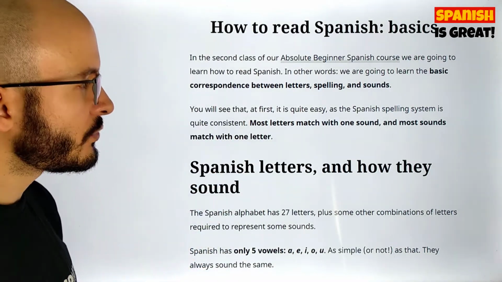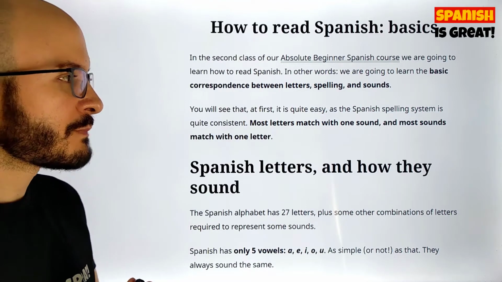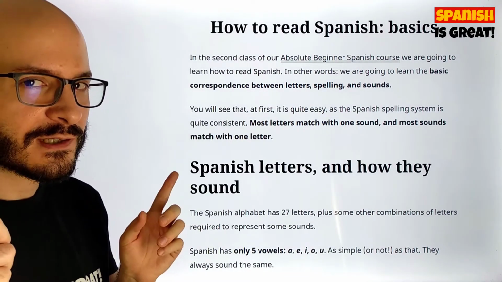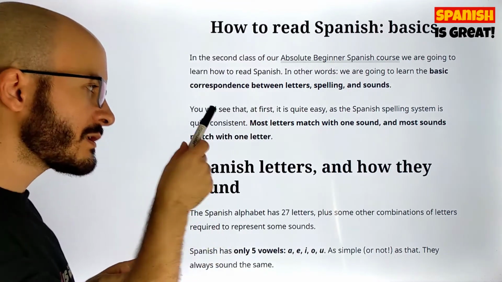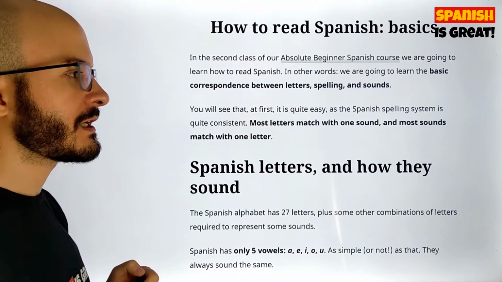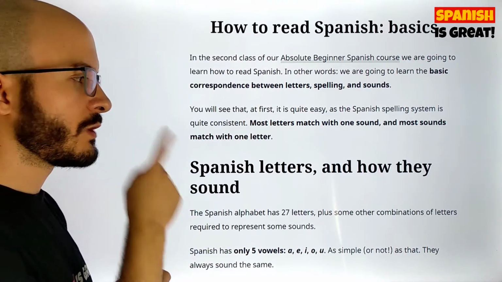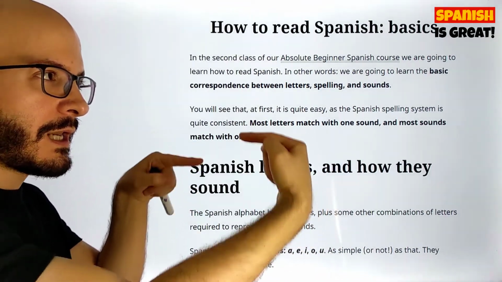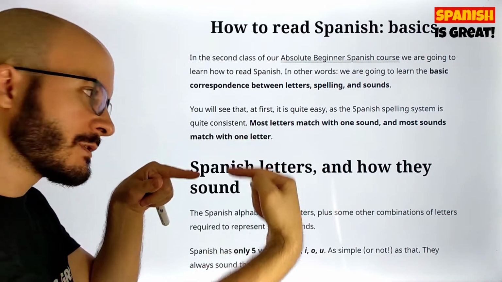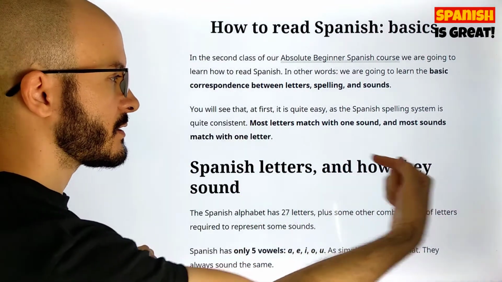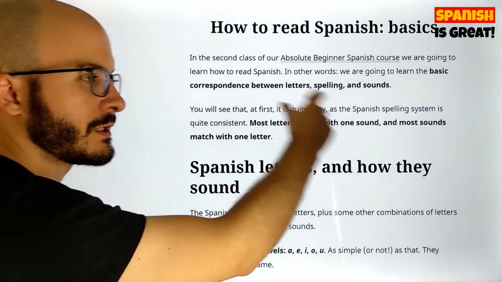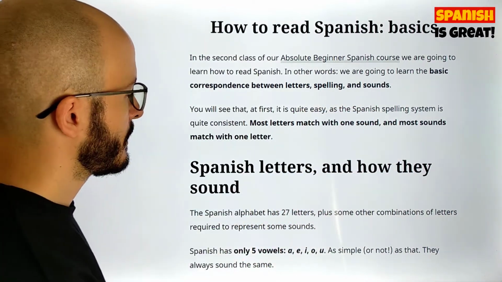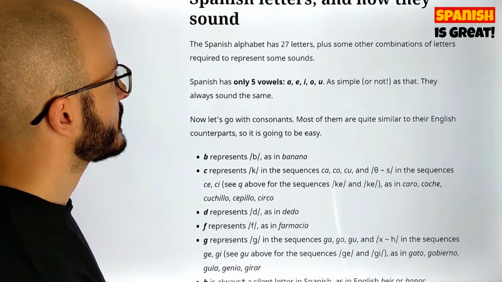You will see that at first it is quite easy, as the Spanish spelling system is quite consistent, not totally consistent, but quite consistent. Most letters match with one sound and most sounds match with one letter. So both ways work maybe 90% of the times, no? One letter is always one sound, like 95% of the times. Okay, Spanish letters and how they sound.